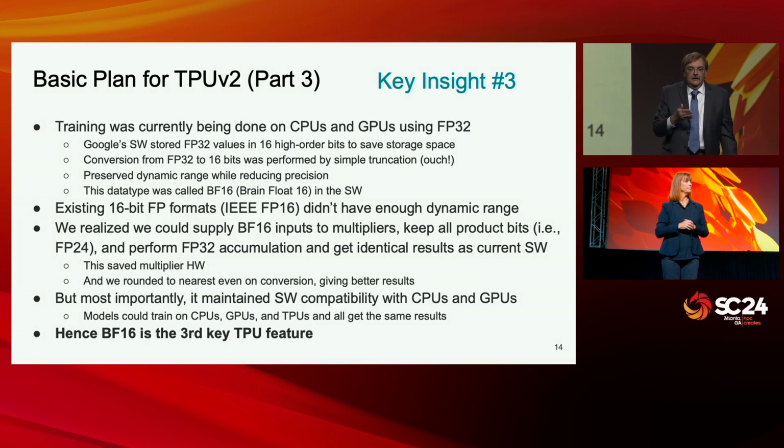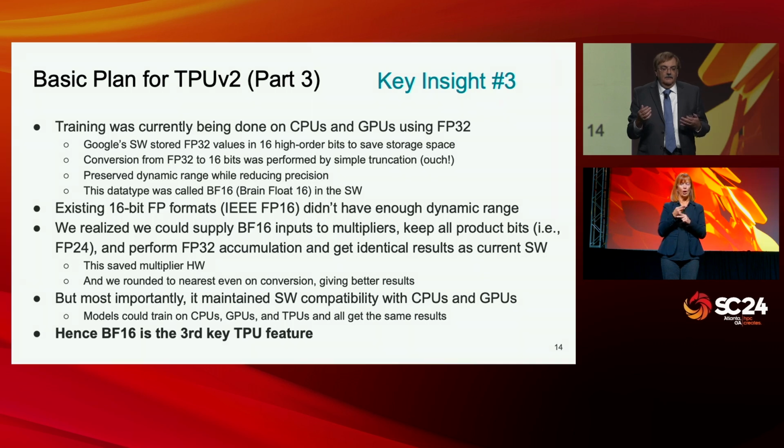That becomes FP24, and then perform FP32 accumulations and get identical results as the current software was getting. This had some economic advantages in that it made the multiplier smaller, and we decided to round to nearest even because we couldn't face ourselves if we didn't do that in the morning.